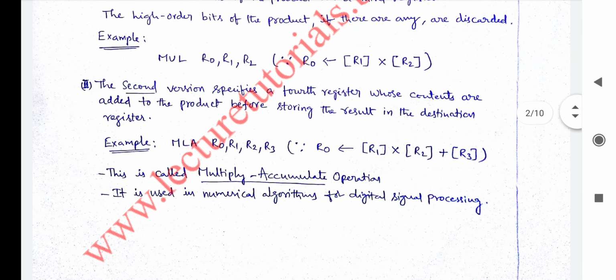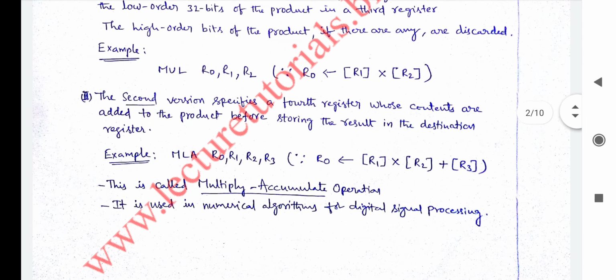See here, we first multiply the contents of R1 with R2 and the result is added with R3. Whenever we have a multiplication symbol and an addition symbol, we always give higher priority to multiplication.